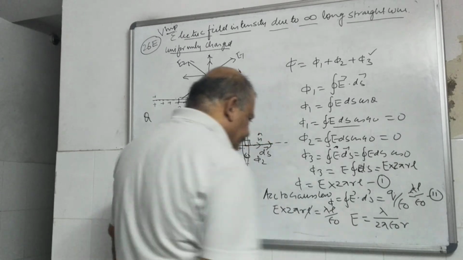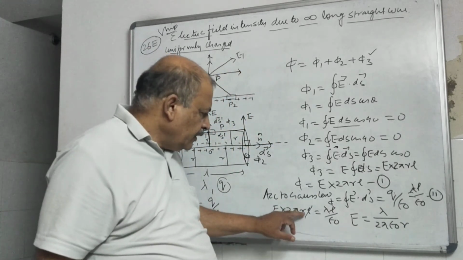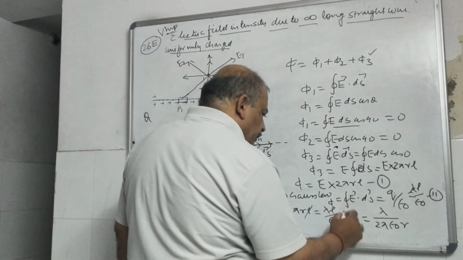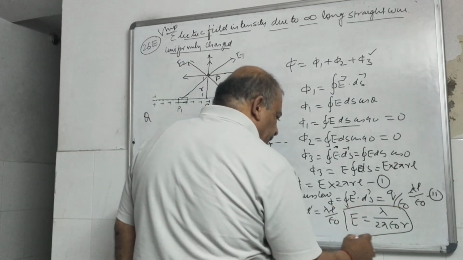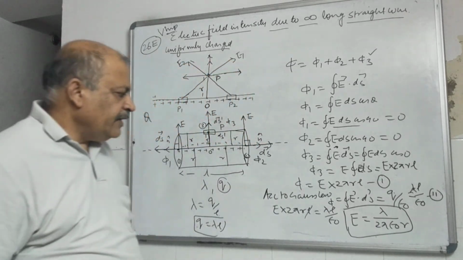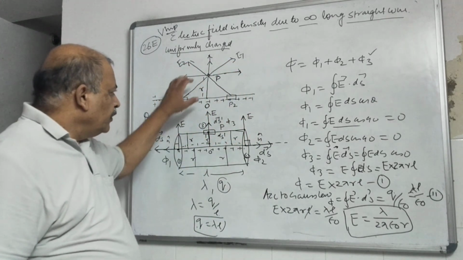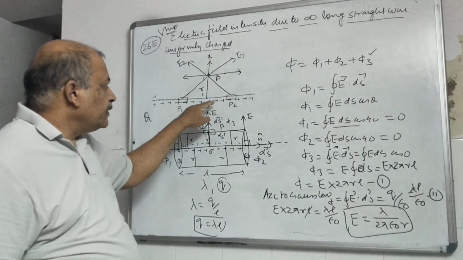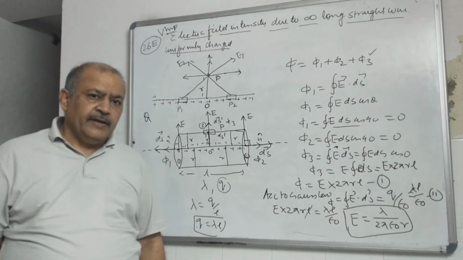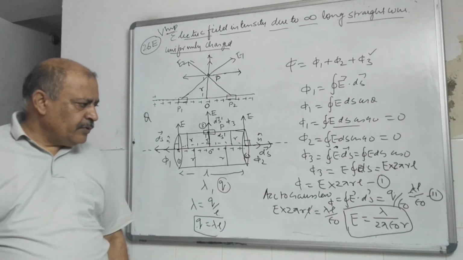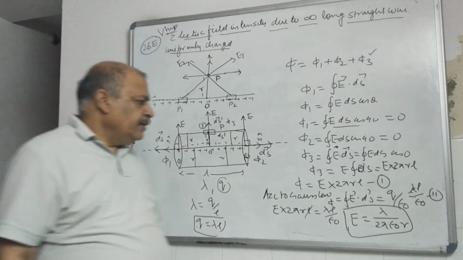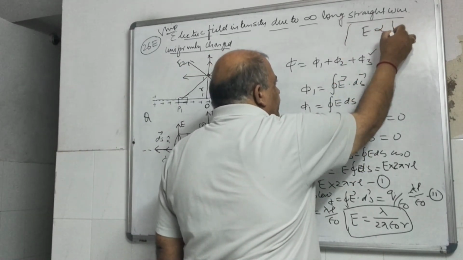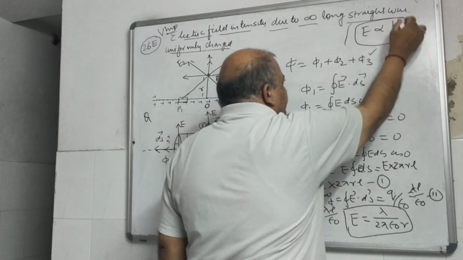Again see, 1, 2, 3 and this is 4. So this is the value of electric field intensity at a point due to a uniformly charged straight infinite long wire. E is equals to lambda upon 2 pi epsilon naught r. So what does this indicate? This indicates E is inversely proportional to r.